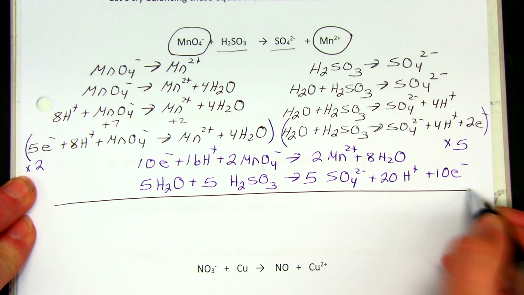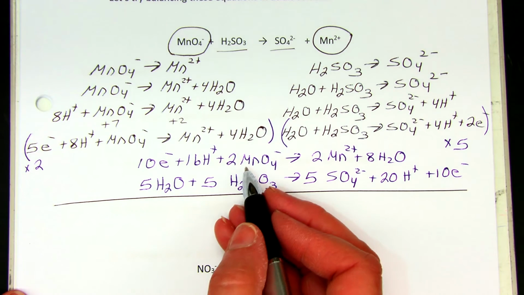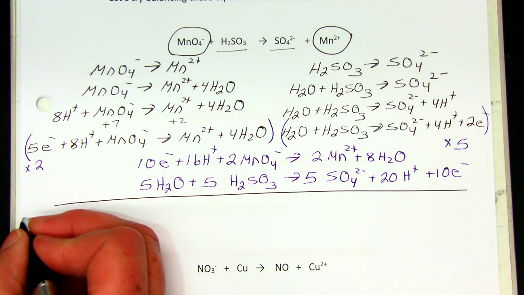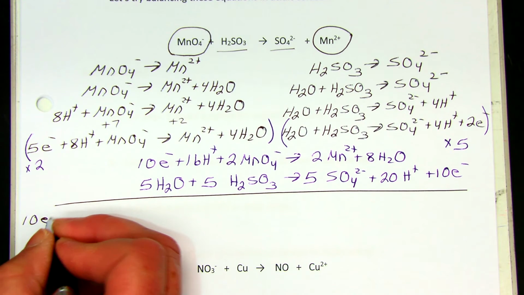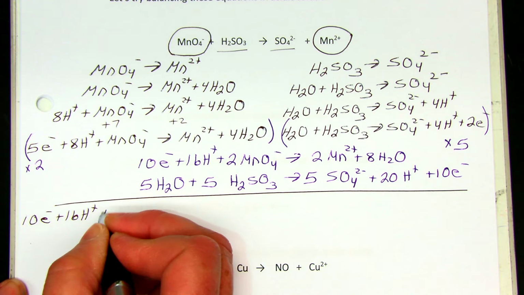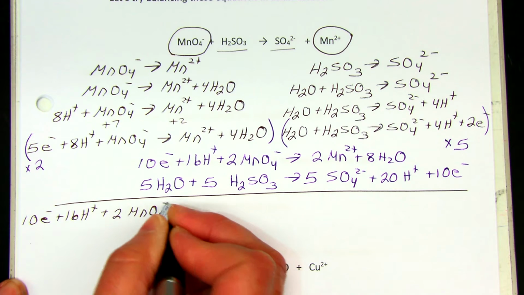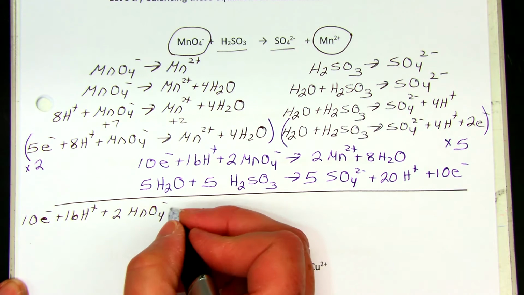Now we add these together and then we cancel out what appears on each side. So I'll add all the reactants together. 10 electrons plus 16 hydrogen ions plus 2 permanganate. That's the reactants from the first equation.